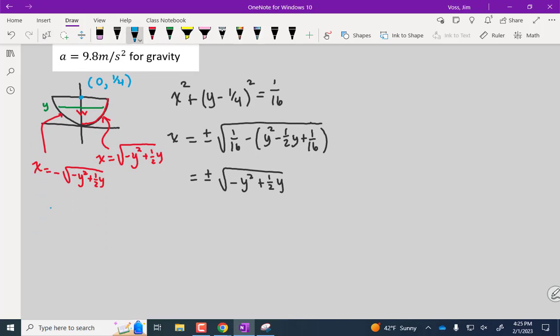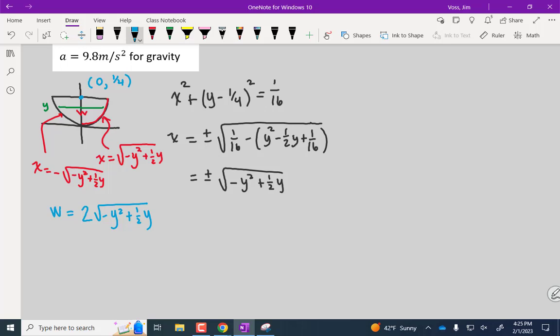Right minus left. Right minus left, so what do we get for our final W? 2 square root of negative y squared plus 1/2 y. Thank you. So it's root minus minus root, which gives you 2 roots.